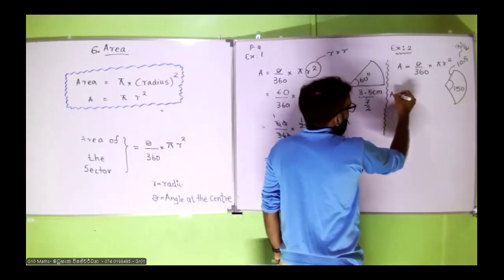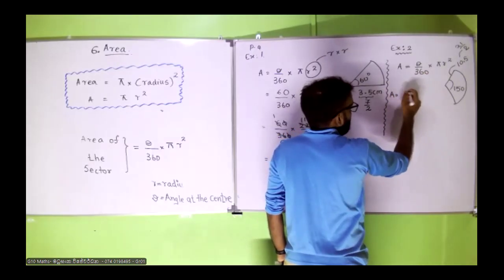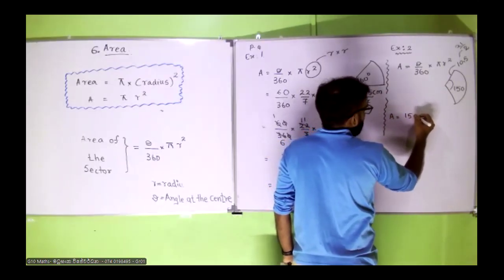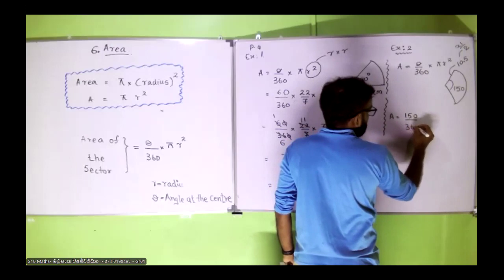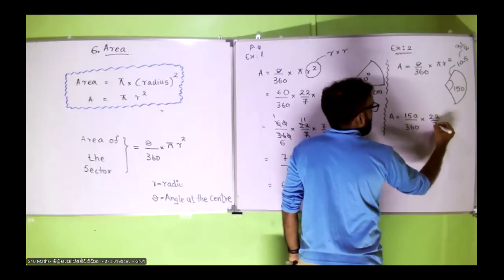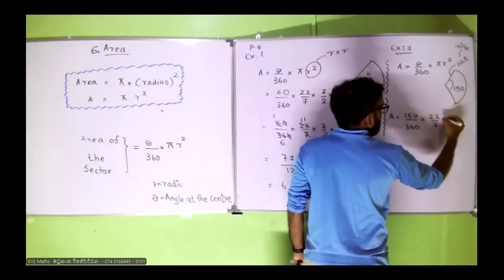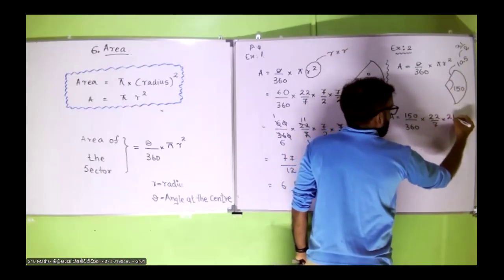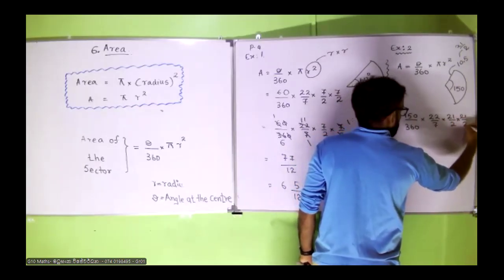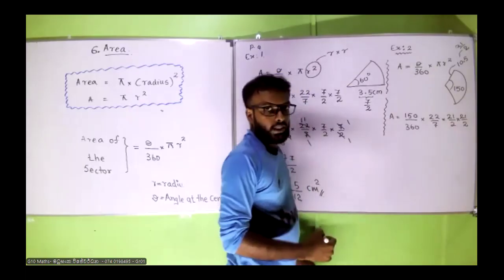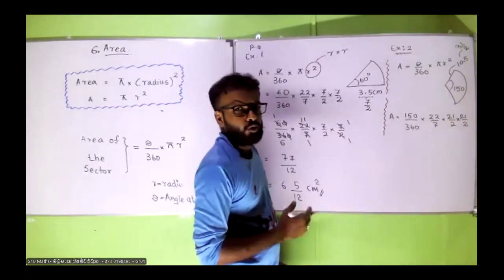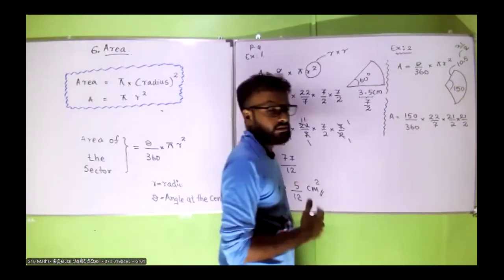So I am going to substitute. Area equals theta, which is 150, divided by 360, multiplied by 22/7, times 21/2 times 21/2. Instead of 10.5, I have substituted 21/2. It's the same.